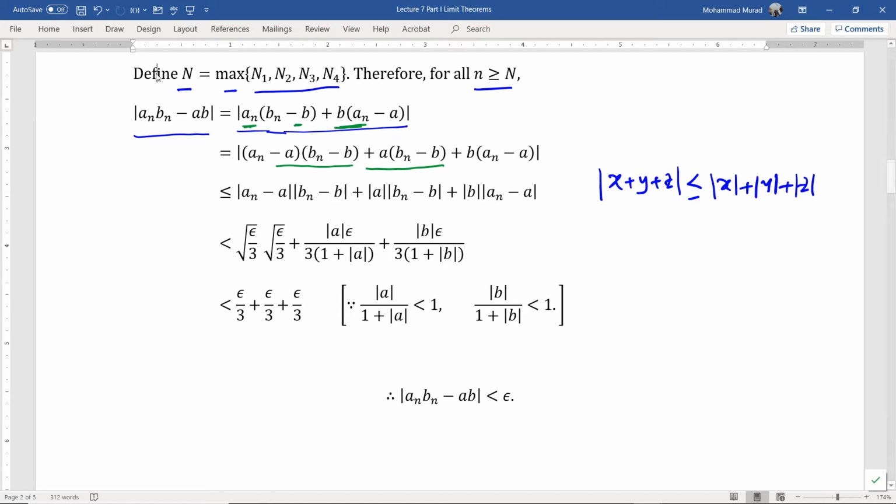Now we see that the term here, the absolute value of a sub n minus a, was assumed to be smaller than the square root of epsilon over 3, and the term here, the absolute value of b sub n minus b, was assumed to be smaller than the positive square root of epsilon over 3.